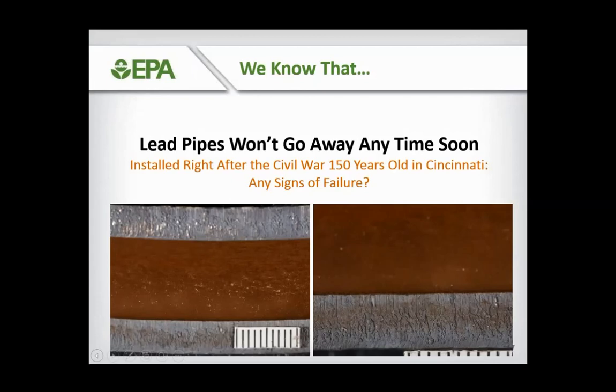They're not like faucets that wear out, or old galvanized pipe in a house that needs to be replaced every 30 or 40 years. Shown here is a photograph of a lead pipe installed in Cincinnati just after the Civil War. It's been 150 years, and you can see that it's been hardly touched by any action and interaction with the water. So these pipes are going to be there for another century or more unless they're taken out for some other reason.